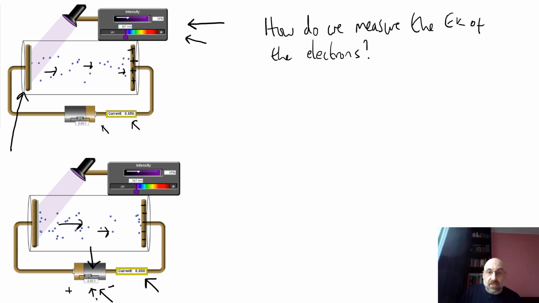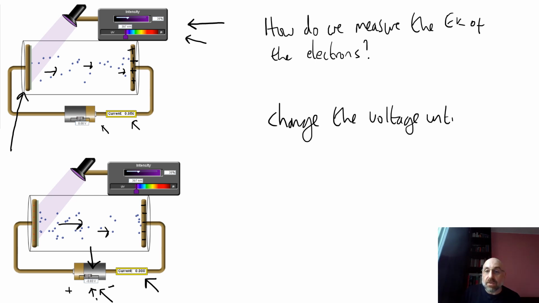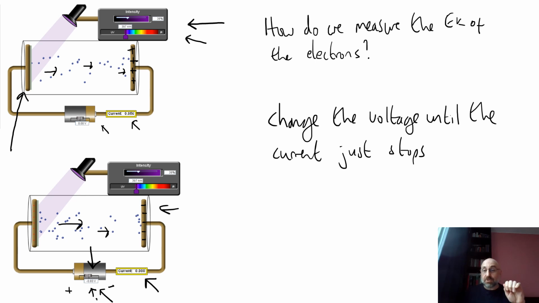So what we can say is we can change the voltage, okay, until the current just stops. So what we've done is we've played around with the voltage, we've made this end negative, okay, and as we've done it, we keep turning the voltage, turning the voltage, turning the voltage until the current just stops.